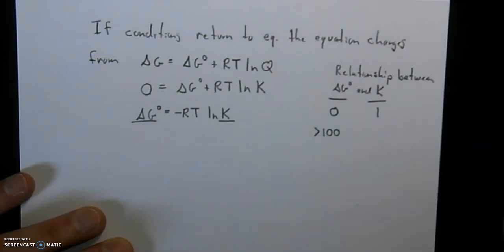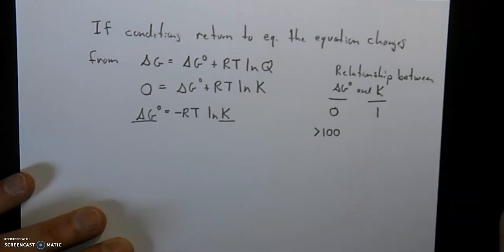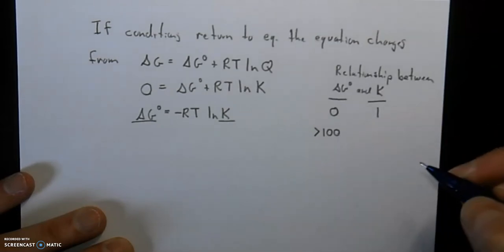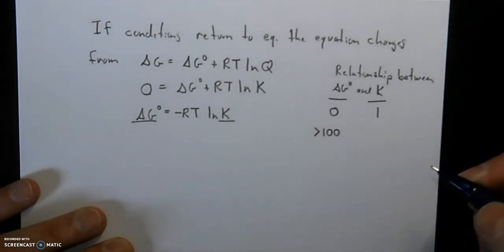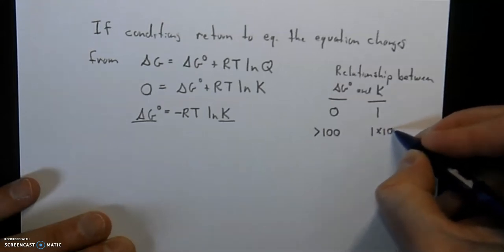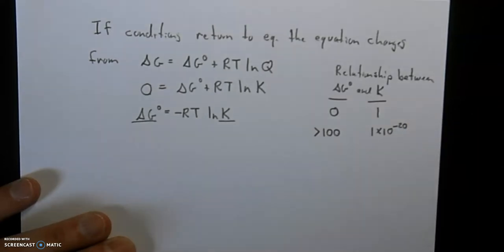Do I have a lot of products? Think about K. K is products over reactants. Would you expect to have a lot of products if I have a very large positive delta G value? No. Relatively, the amount of products is going to be, and I'm just making these numbers up, something really, really small. You're not going to have much product.